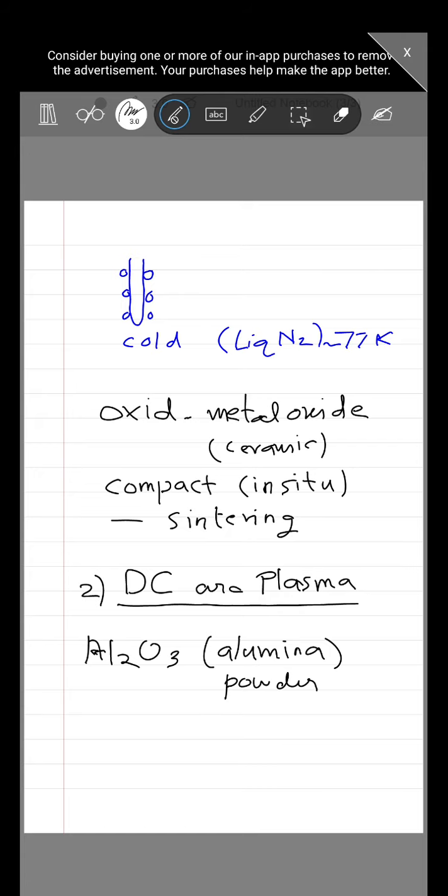So what we do is we apply a voltage of around 300 volts and 15 ampere DC supply at atmospheric condition by using aluminium electrodes.